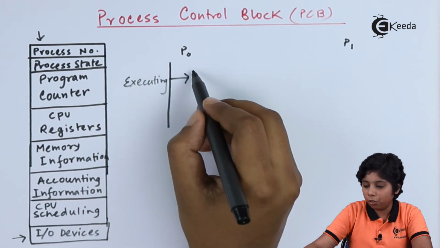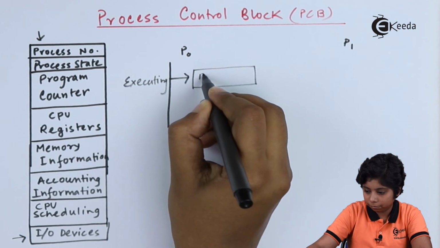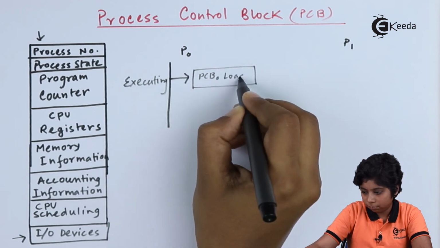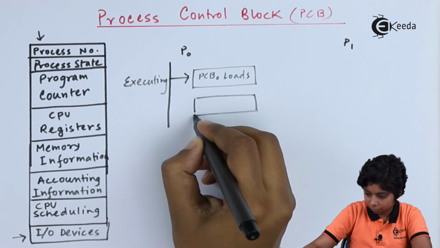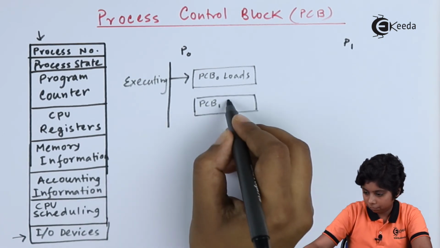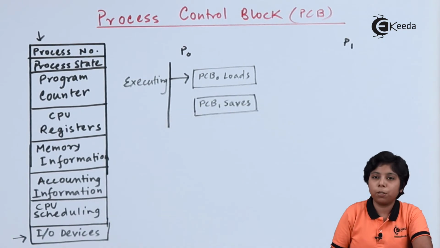Then PCB0 loads its state and PCB1 saves the current state. So PCB0 loads all the information about its process, and PCB1 saves the current information about the process that is being executed.